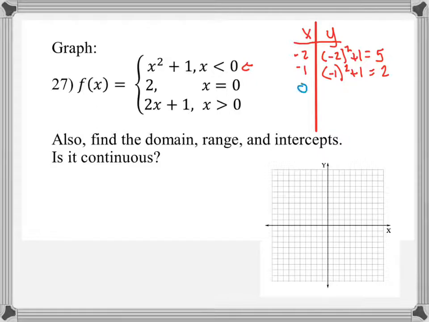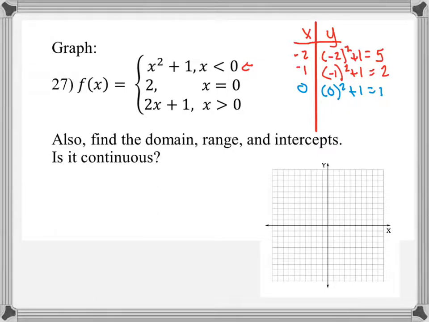And then I do want to substitute in my boundary value, but I'm going to put it in a different color because this point will not be included in our function. So for this definition part, if we put in 0, we would evaluate 0 squared plus 1 and get 1.